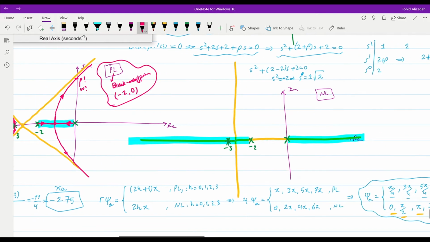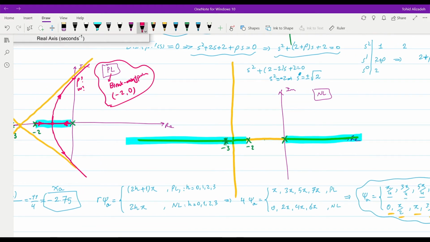On the other hand, for the negative locus, one branch will start from the pole at the origin. It will move towards plus infinity. We will have one branch starting from one pole at -3 and it will go towards minus infinity. The other one will move towards the pole at -2 on the real axis. One branch will start from the pole at -2.